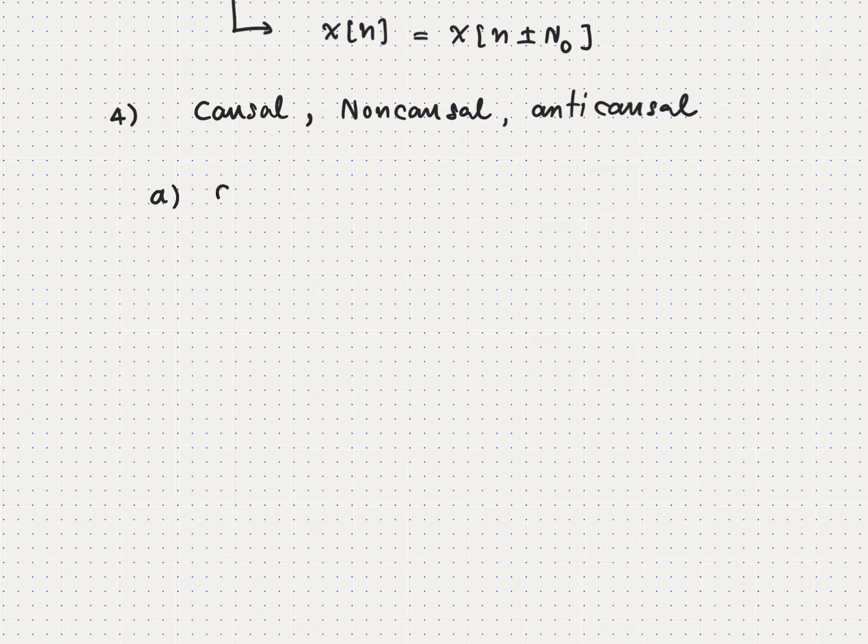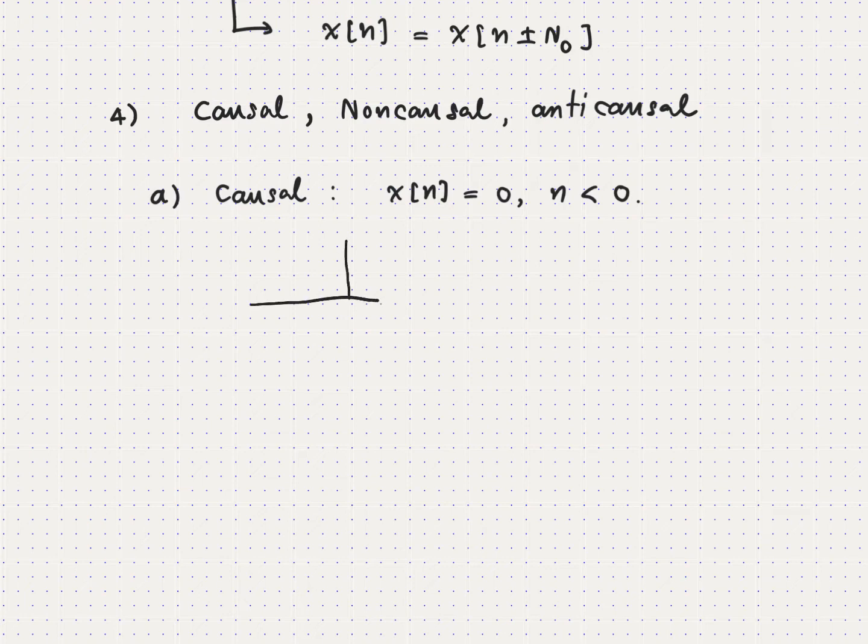A signal is causal, C-A-U-S-A-L, causal, not casual, if x[n] equals 0 when n is less than 0. So a signal like this one would be a causal signal.